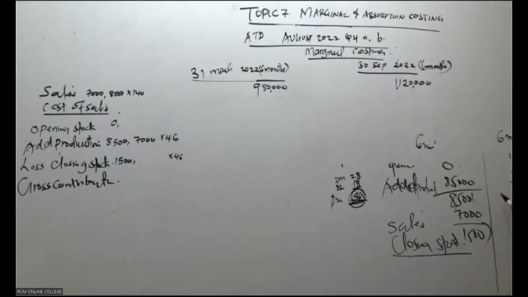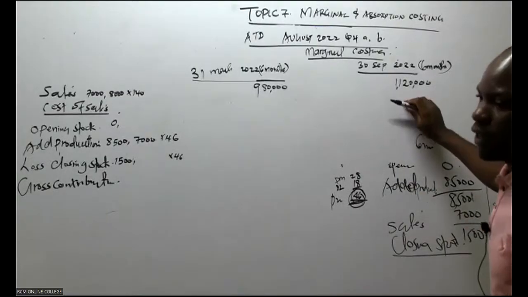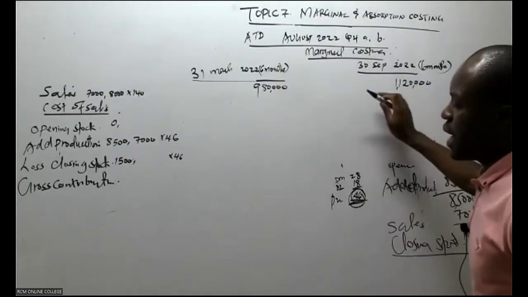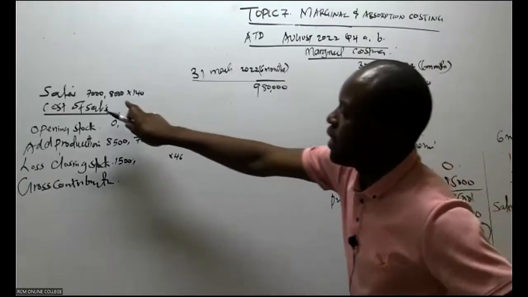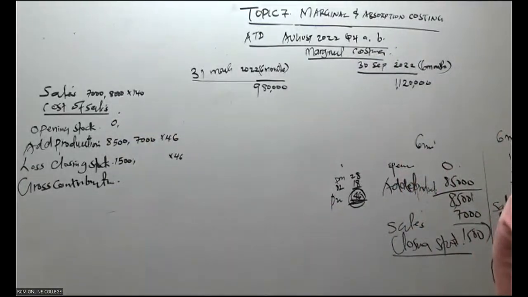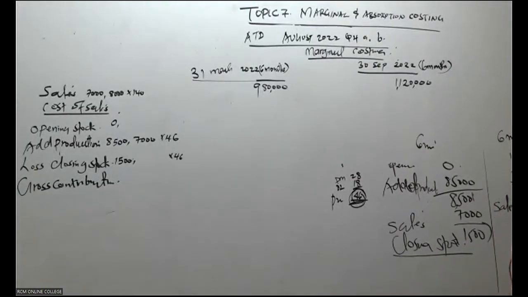But how many units did these people sell in the last 6 months? 8,000. I added 8,500, I've sold 8,000. The balance is what I call closing stock.